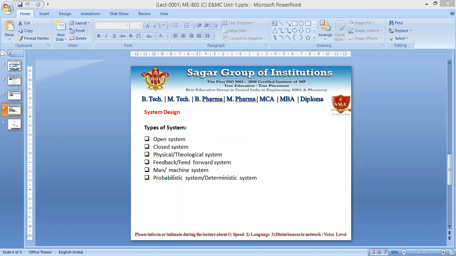Here we are discussing the business organization, and how open system and closed system work for it. An open system continually interacts with the environment.